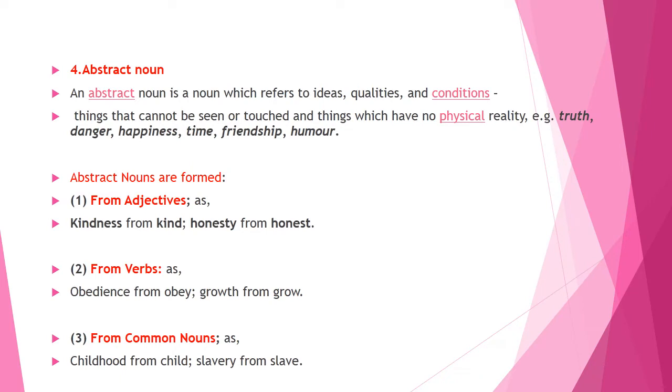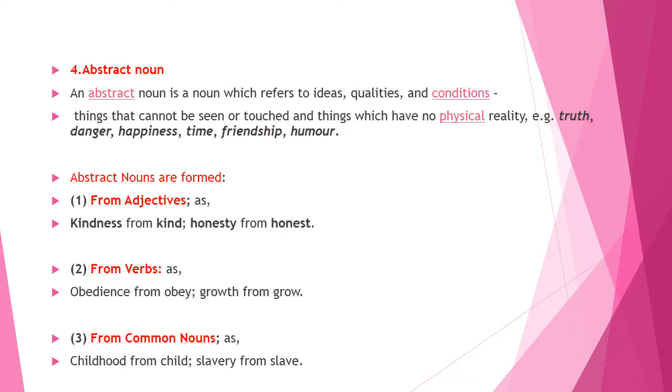The third way we can form abstract nouns is from common nouns as well. Let's see this example. Child, childhood from child, slavery from slave.